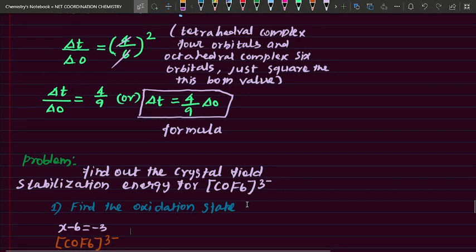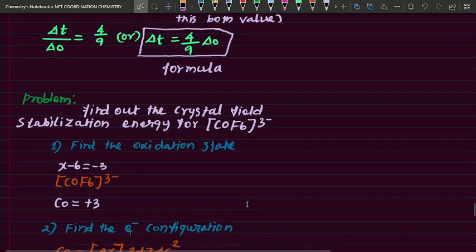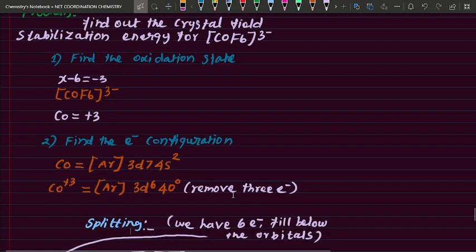Find out the crystal field stabilization energy for CoF6 3-. Let's see, first find the oxidation state. Here the oxidation state is plus 3, because x minus 6 equals minus 3. Here x is cobalt, so we get plus 3 oxidation state. Next, find the electronic configuration. Cobalt is argon 3d7 4s2.